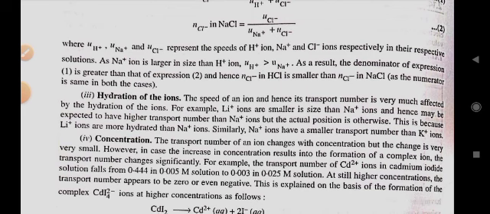As Na+ ion is larger in size than H+ ion, U H+ is greater than U Na+. As a result, the denominator of expression 1 is smaller than that of expression 2, and hence N of Cl- in HCl is smaller than N of Cl- in NaCl, as the numerator is the same in both cases.